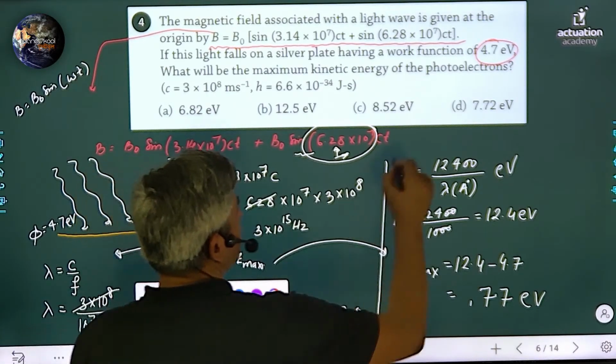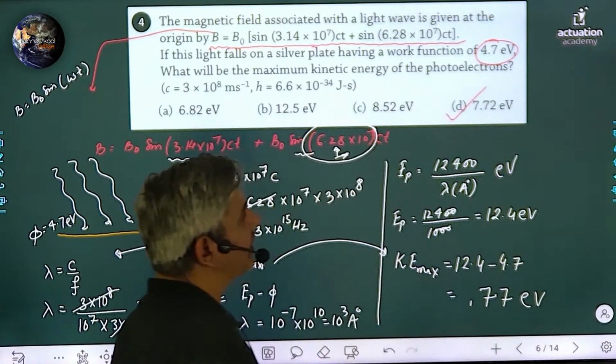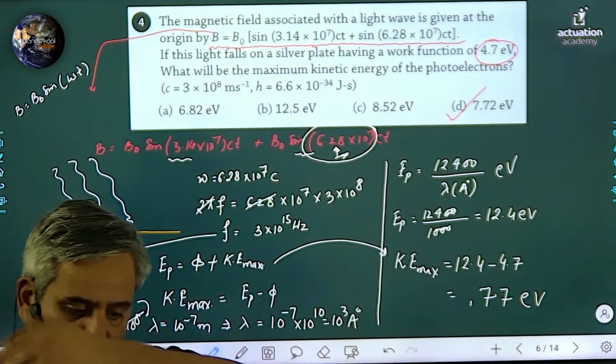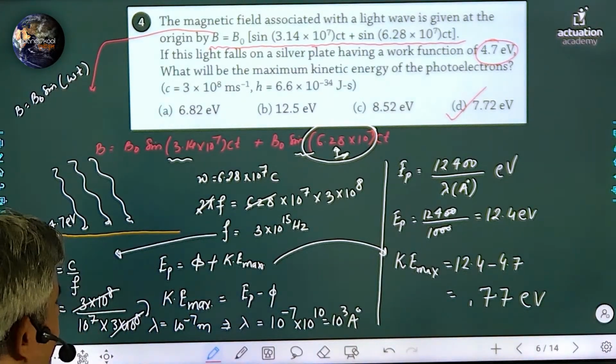Which is close to the 7.72 electron volt. So the right answer is D here.